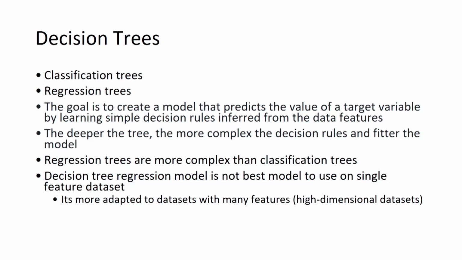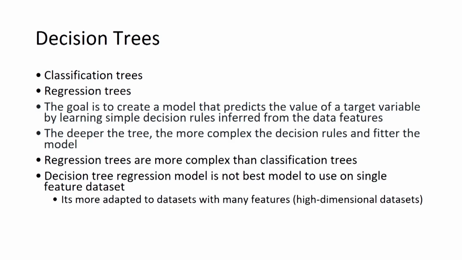When you learn the model, your model will be complex when the tree is deep. If the learned tree is deep, then your model is complex and there may be chances of overfitting.